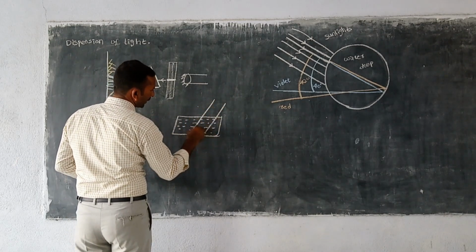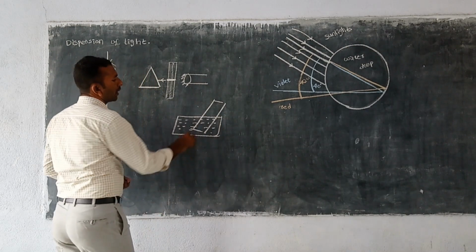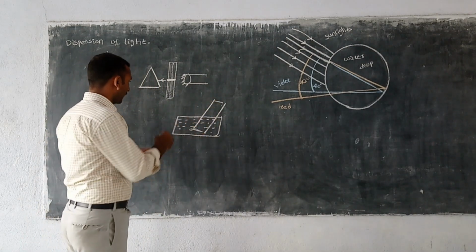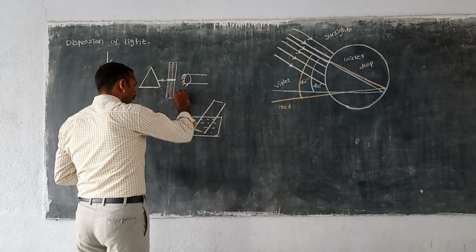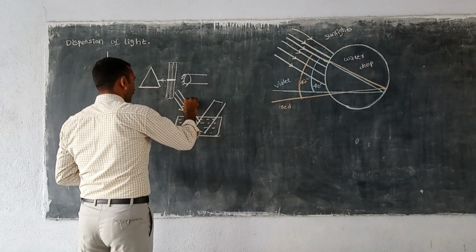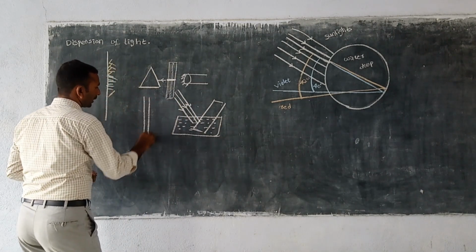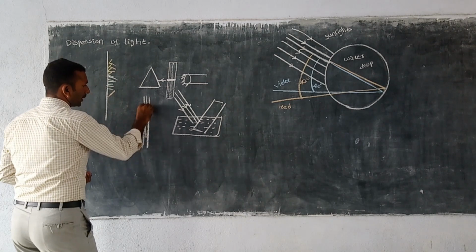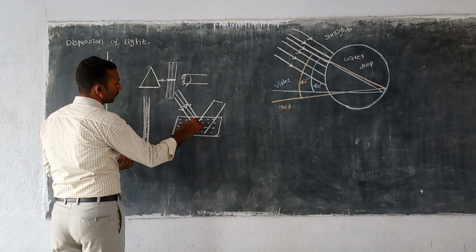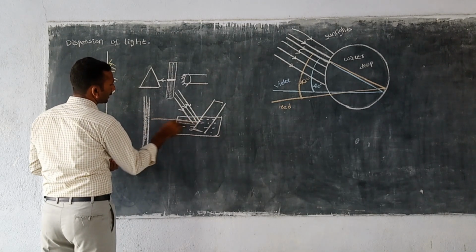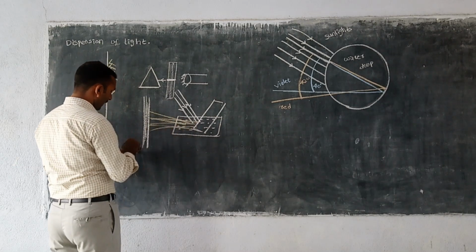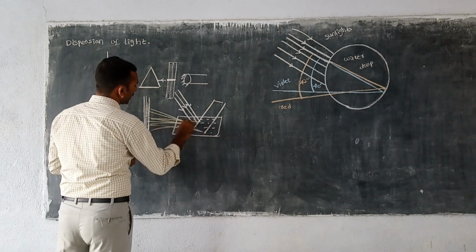We keep part of the mirror in the water, and light rays come from the sun onto a wall. You can see different colors. After incident on the mirror, you can see different colors of light dispersing on the wall.